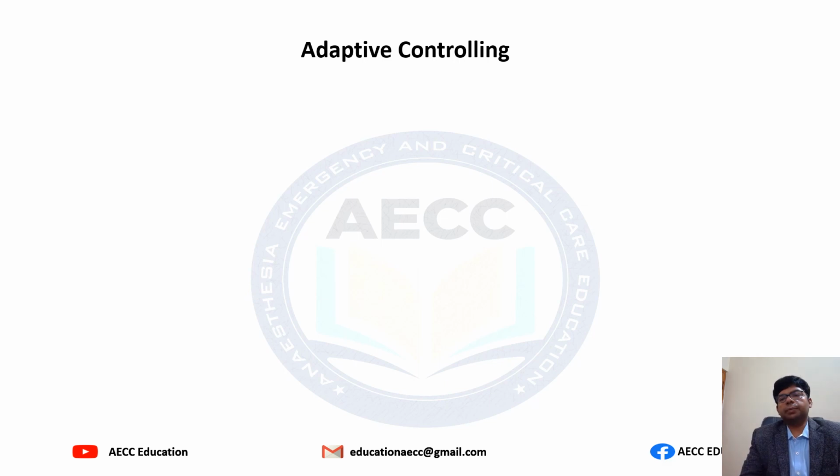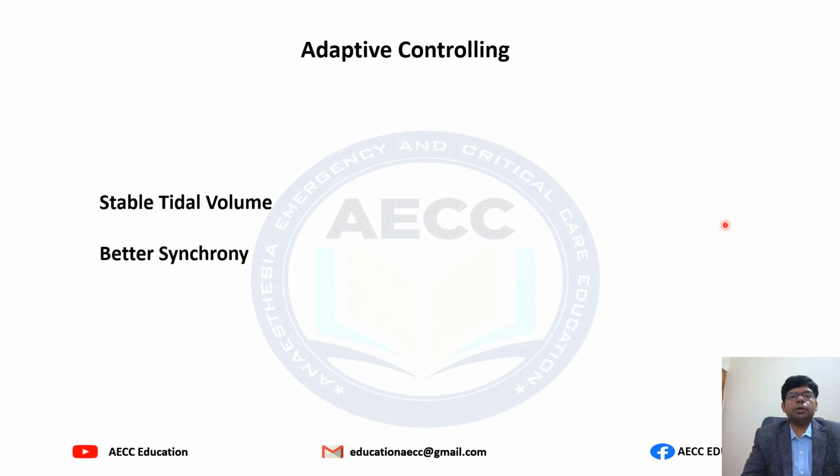Now move to the adaptive controlling. Adaptive controlling has the advantage of both volume control as well as pressure control. For the volume control, it delivers the stable tidal volume, and for pressure control, it has the better synchrony.